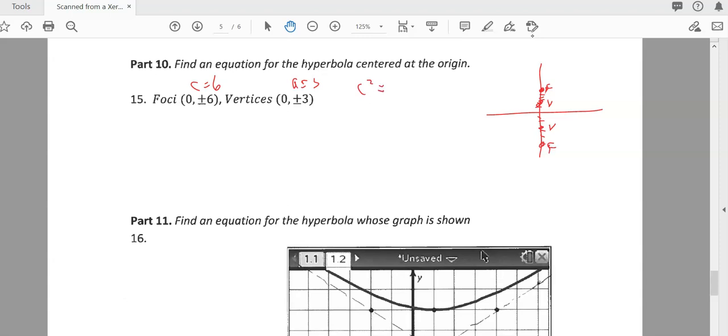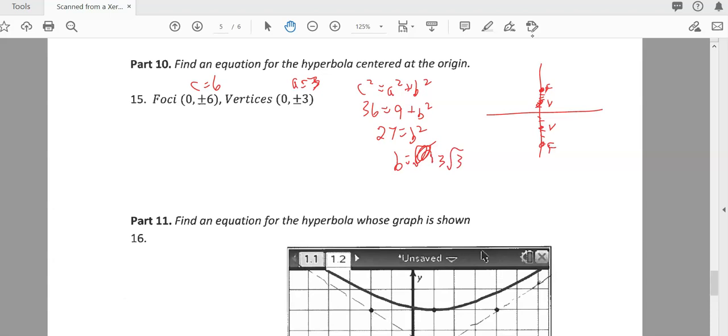c squared equals a squared plus b squared. So 36 equals 9 plus b squared. So 27 equals b squared. So b equals square root of 27, or let's see, that would be 3 root 3.